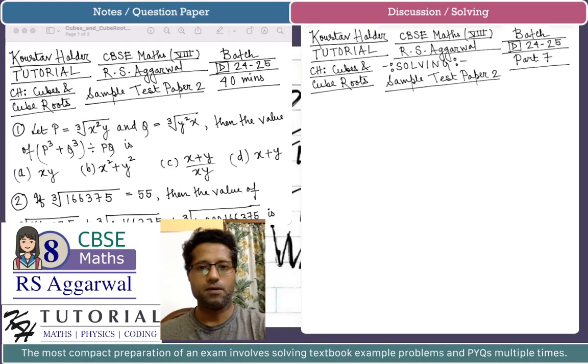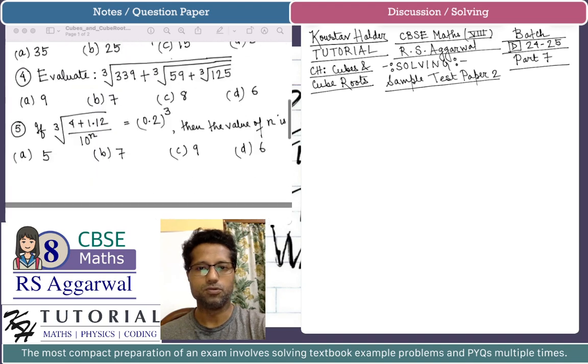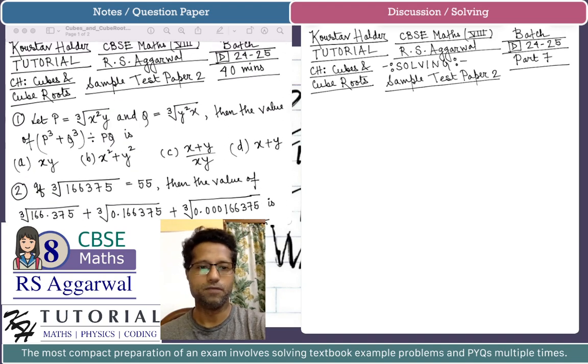Okay, so I have the sample test paper 2 on the left hand side. There are 10 questions, and ideally you should take 4 minutes to solve each problem, so you must be able to complete all the problems in approximately 40 minutes.